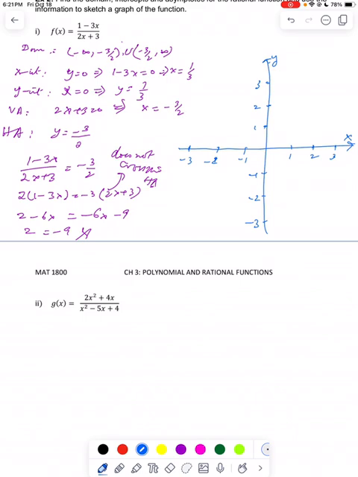The vertical asymptote, remember, is x equal to -3/2. So we have a vertical asymptote here, and then we have a horizontal asymptote over here.